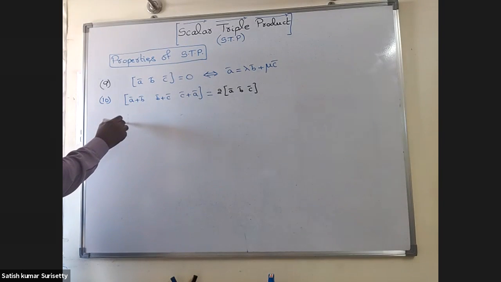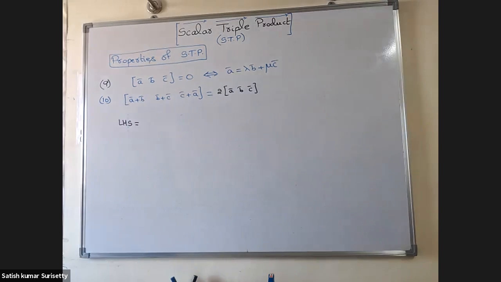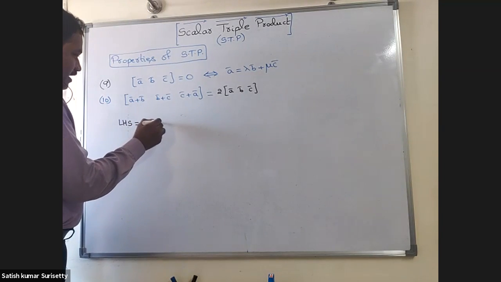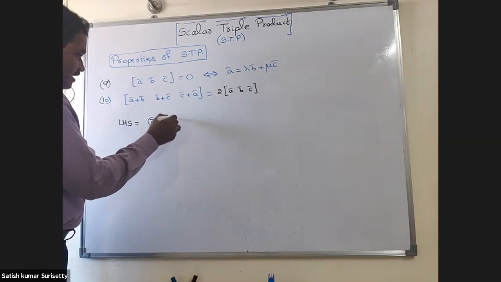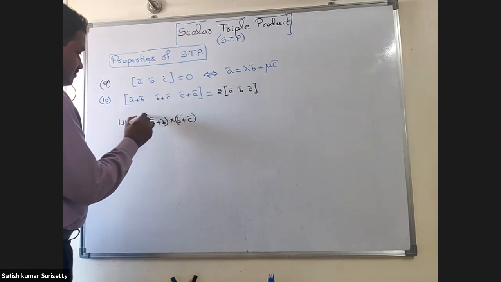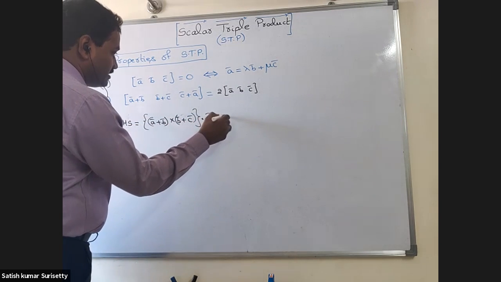So take the left hand side and write the scalar triple product as the cross product of the first two vectors and dot product with the third vector. So A bar plus B bar cross B bar plus C bar dot C bar plus A bar.